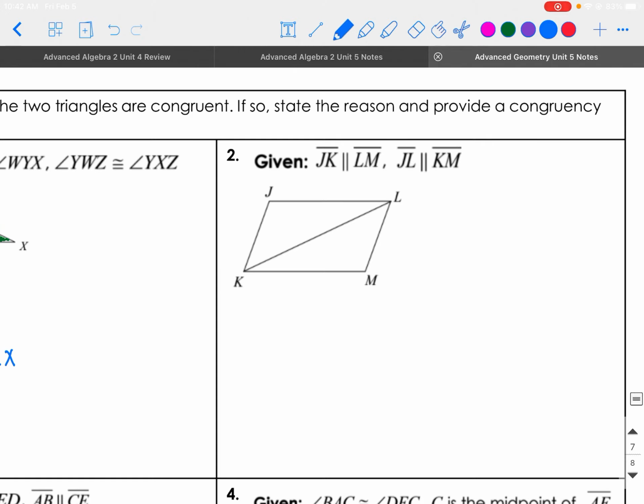Number 2, we've got some parallel lines. Let's start with JK is parallel to JM, and then this would be my transversal. What helps us here is that we have alternate interior angles, and alternate interior angles are congruent.